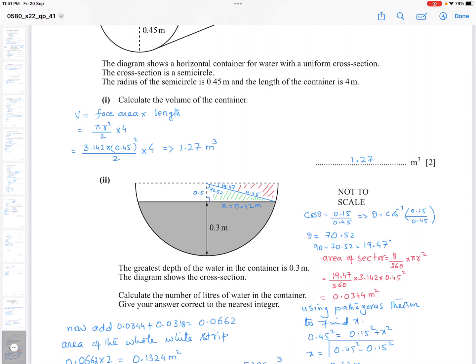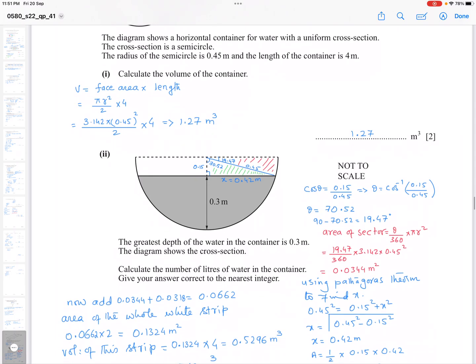Now you can find the area of the sector, theta over 360 into pi r squared. So your radius is there, and theta is what you have just found, 19.47. So you get 0.0344 square meter as the area of that sector, which is shaded red.